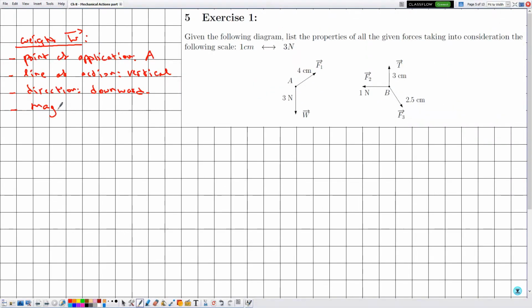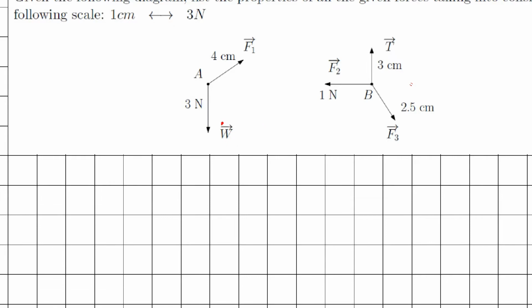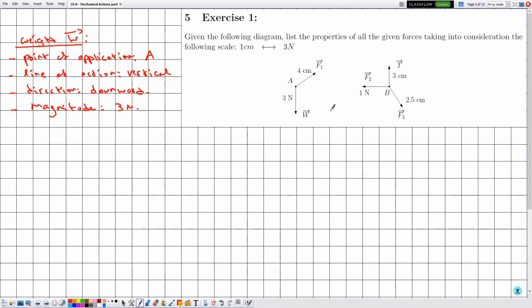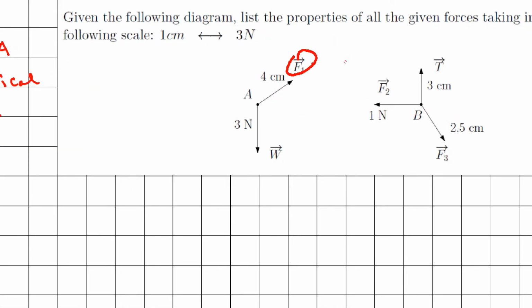Now, as you can see here, we are discussing vectors without considering the physical effect behind these vectors, but we know later, or from grade 8, that this vector W will be mapped into the weight. And now let me move to the other force, which is the force F1.